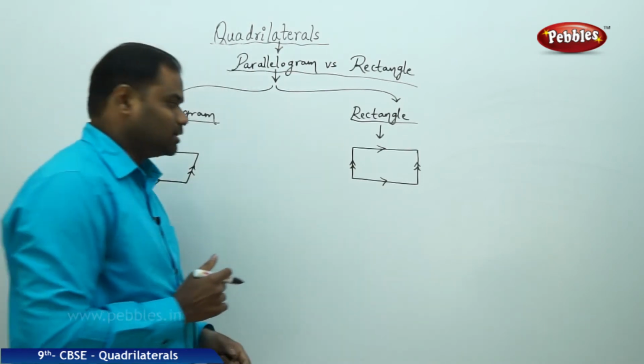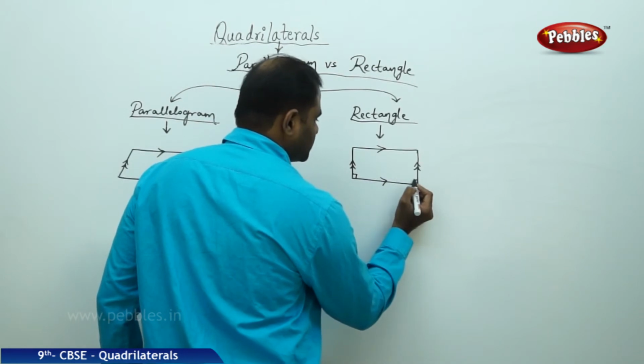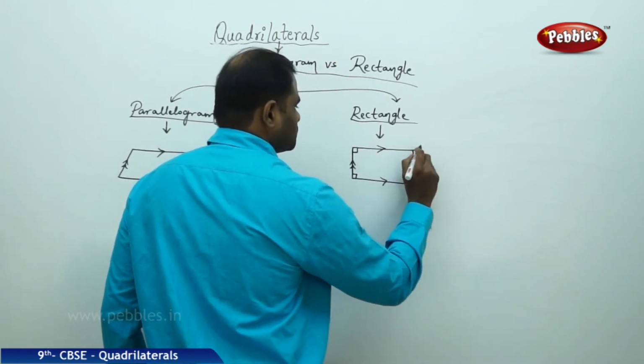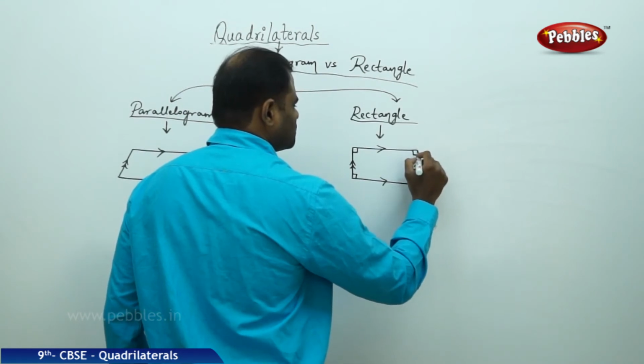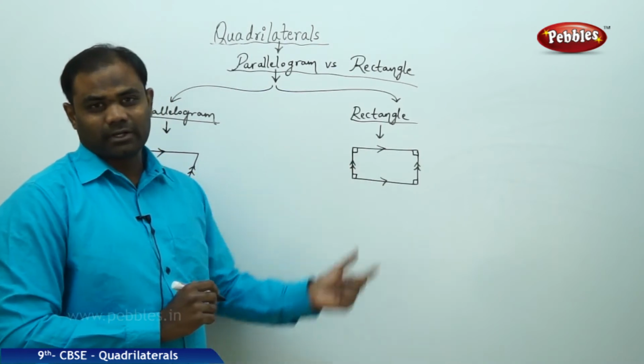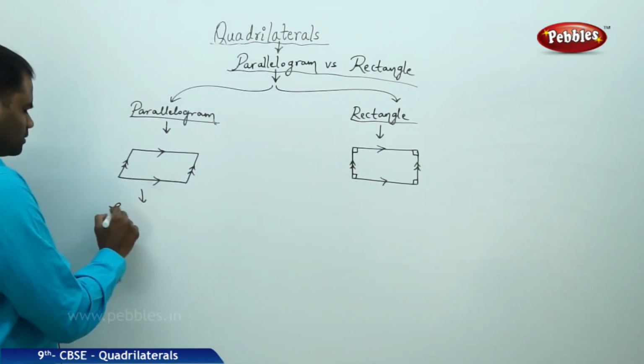The next property is that in a rectangle each angle is 90 degrees. So each angle is 90 degrees in a rectangle, but in a parallelogram each angle is not 90 degrees.